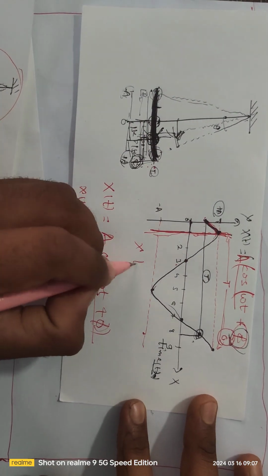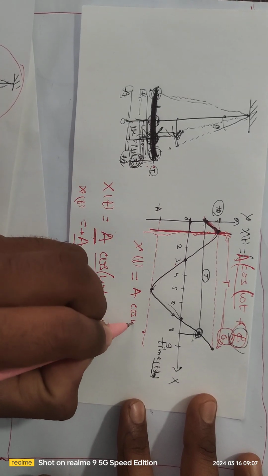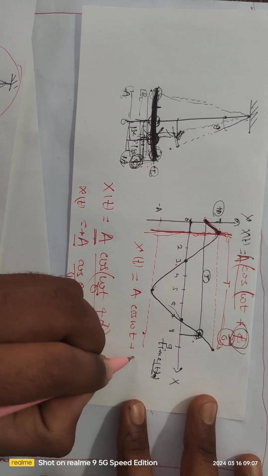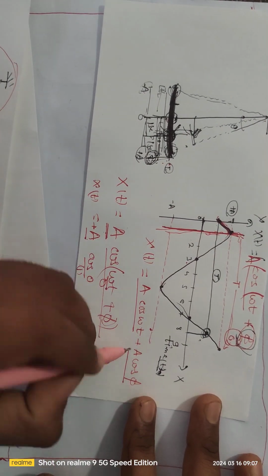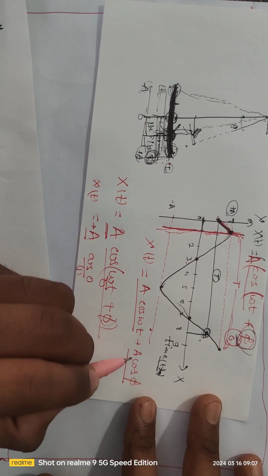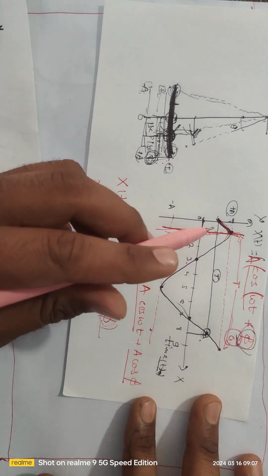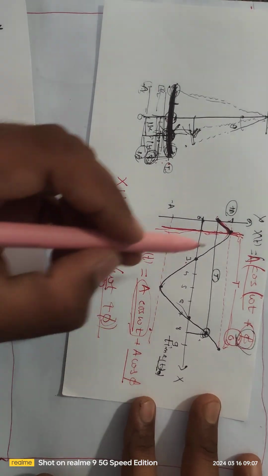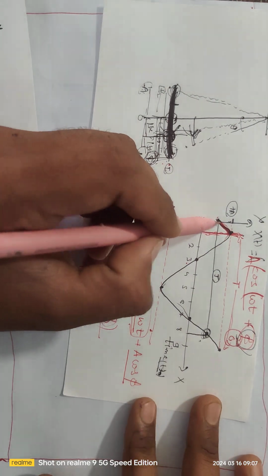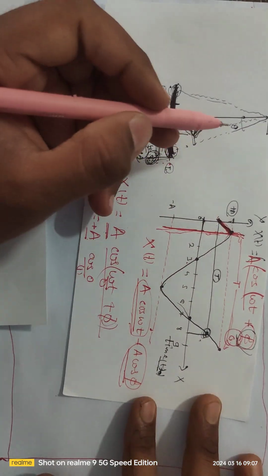So x(t) is equal to a cos omega t plus a cos phi. So in this equation the value x(t) is the full a cos omega t, plus this term a cos phi, meaning this additional term will be present.